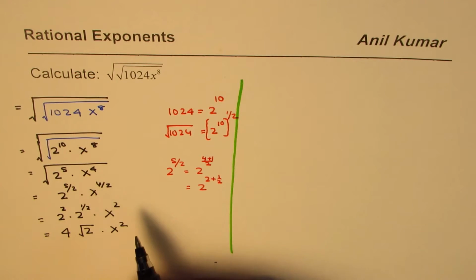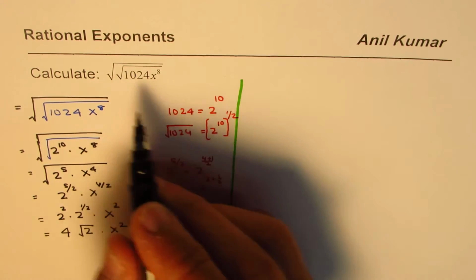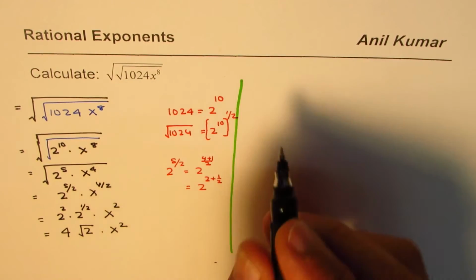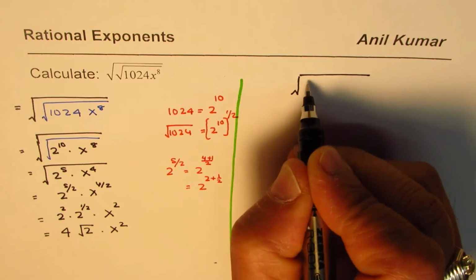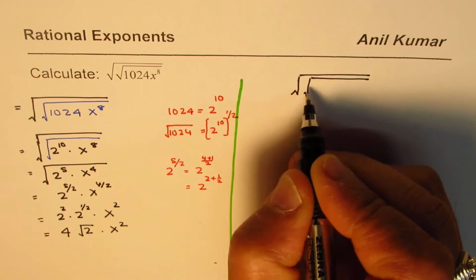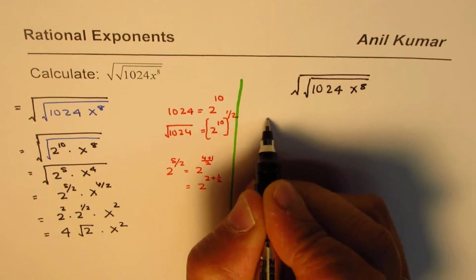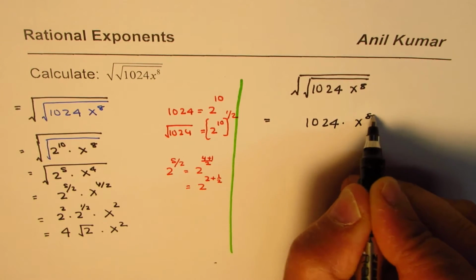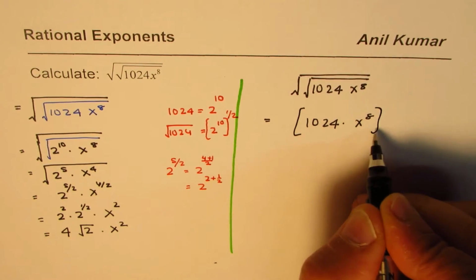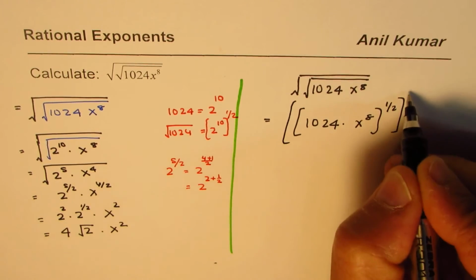Well, another way was that we could write these two square roots as a power of 1 over 4, right? So what we have here is the square root of the square root of 1024 x to the power of 8. We could write this as 1024 times x to the power of 8, everything to the power of half, and then again half, correct?